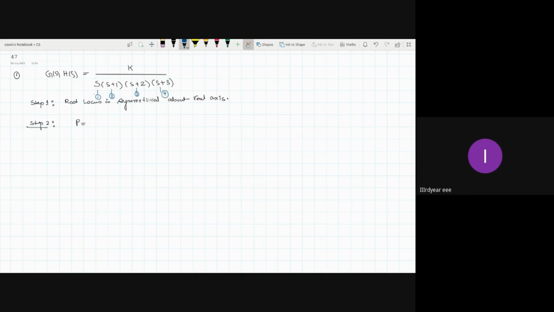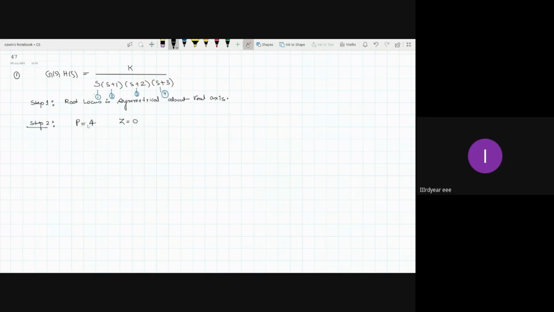The roots of the denominator polynomial of G(s)H(s) are basically the open loop poles. So there are 4 poles. And are there any zeros? The numerator is independent of s, so zero count is 0. Number of open loop poles is 4 and number of open loop zeros is 0.